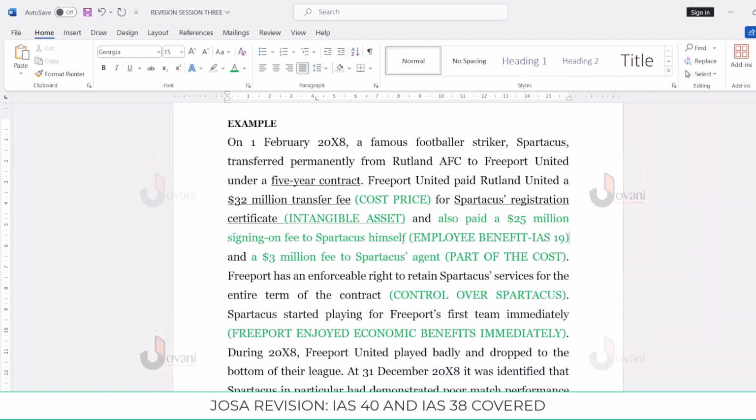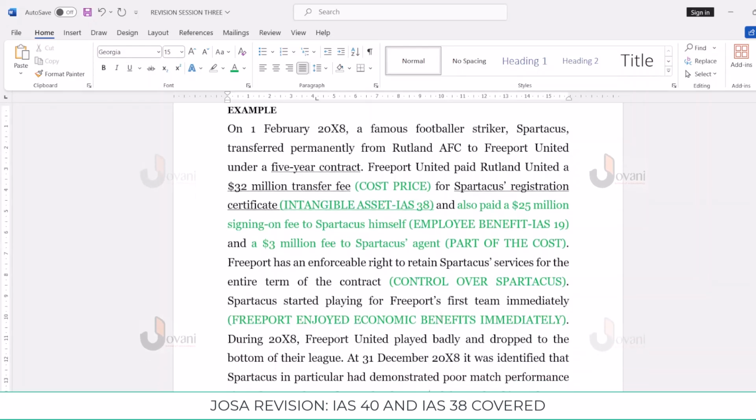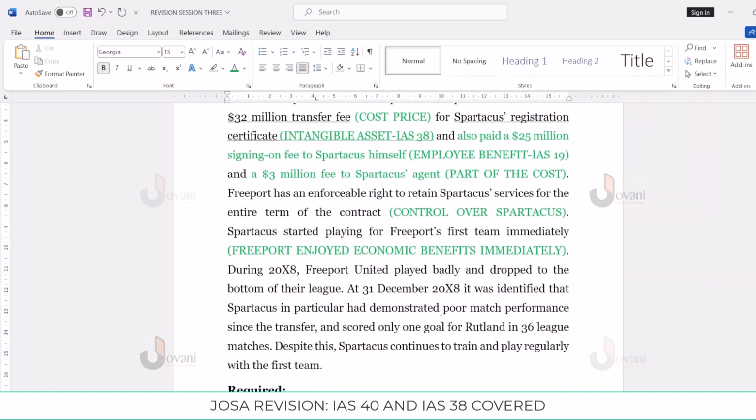Those who have done the standards already. This one here, they're trying to show you IAS 38. So far we've seen how many standards? 2. IAS 38 and IAS 19. But in my discussions, I'll only look at IAS 38 and let us see down here.